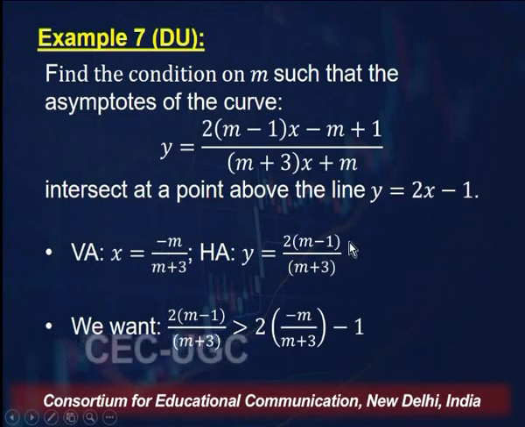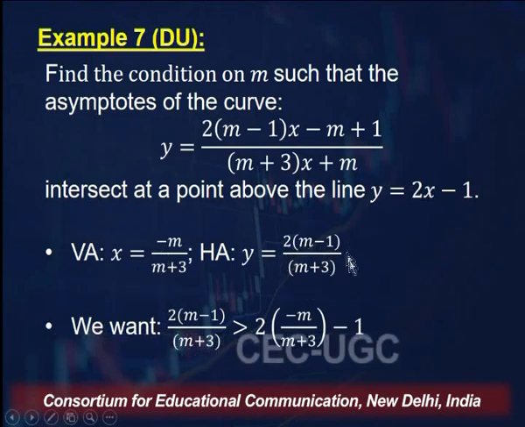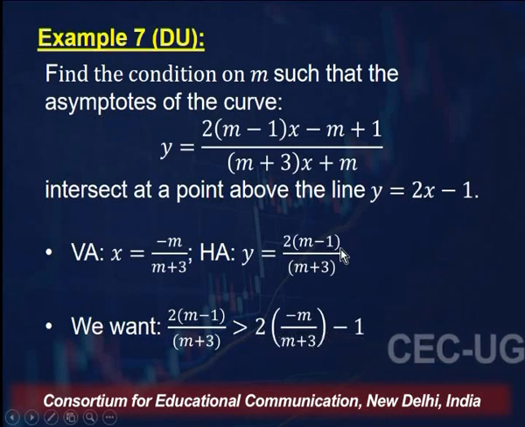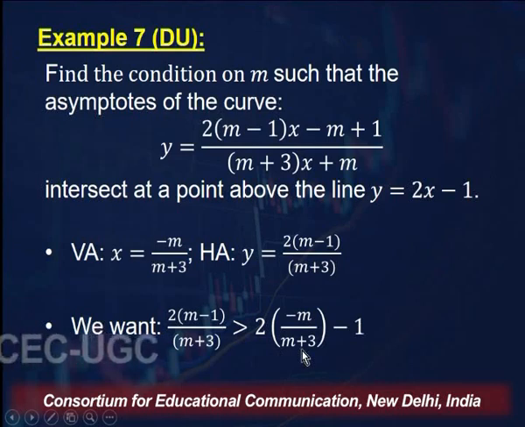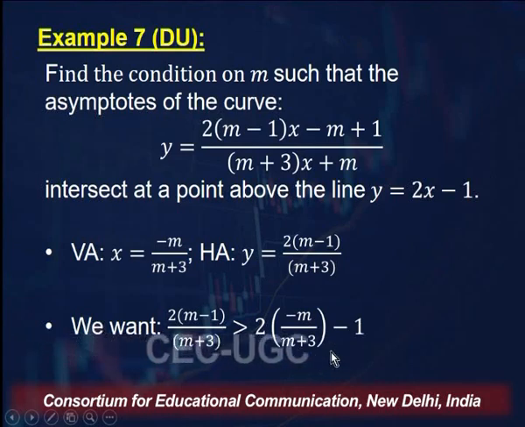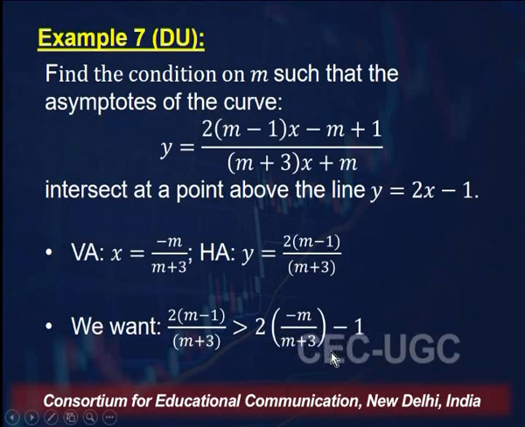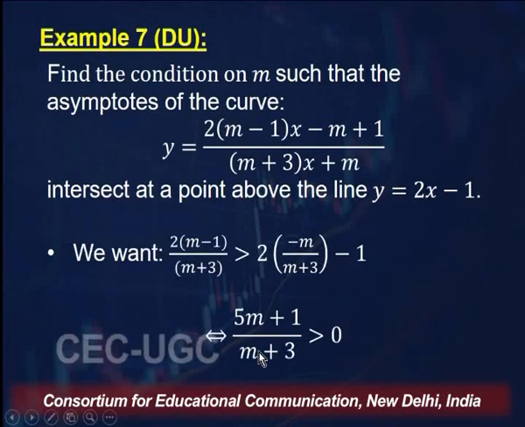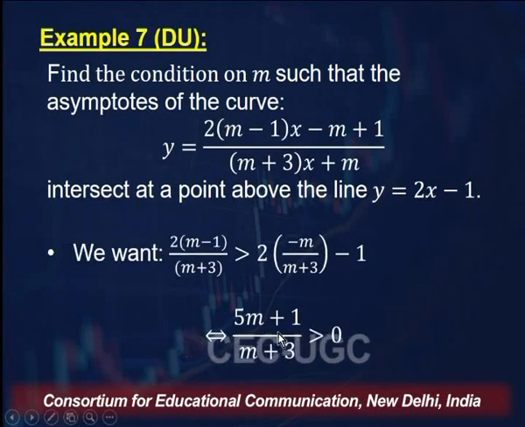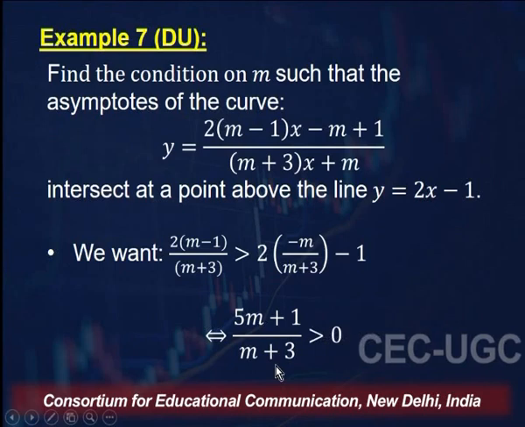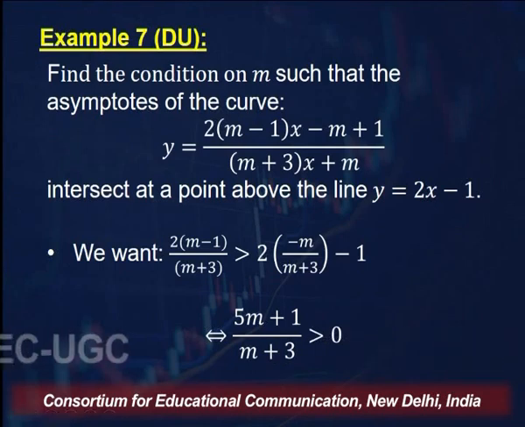So basically we want our y value for the horizontal asymptote, 2 times (m minus 1) divided by (m plus 3), to be more than 2 times minus m divided by (m plus 3), minus 1, because you want the intersection to happen above this y value. Once you do the algebra, you'll find that the condition is (5m plus 1) divided by (m plus 3) is strictly greater than 0. You can work out the algebra on your own.